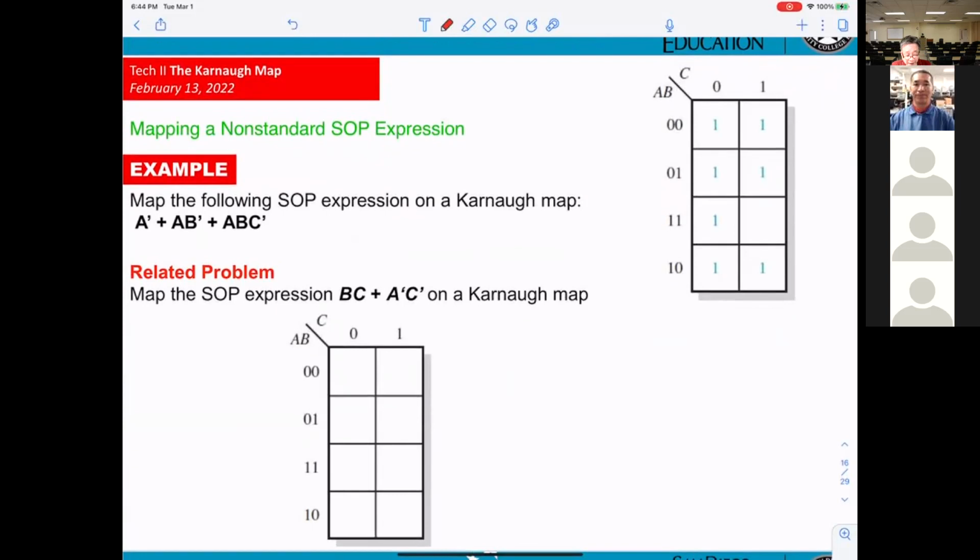You go over the example first. Can you understand it or not? If you're done with that, then I want you to get the related problem. Okay, now working on the example: not A, or A, not B, or A, B, not C. Can you get the same as the solution already there?